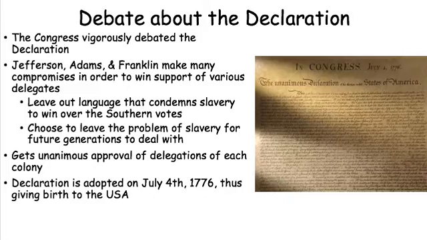But his won't be the only pen in this. I mentioned how Adams and Franklin had done some editing of it, but the real editing comes from the Congress during the debates leading up to the vote. Many different sections of the Declaration of Independence are stricken, written out, crossed out.